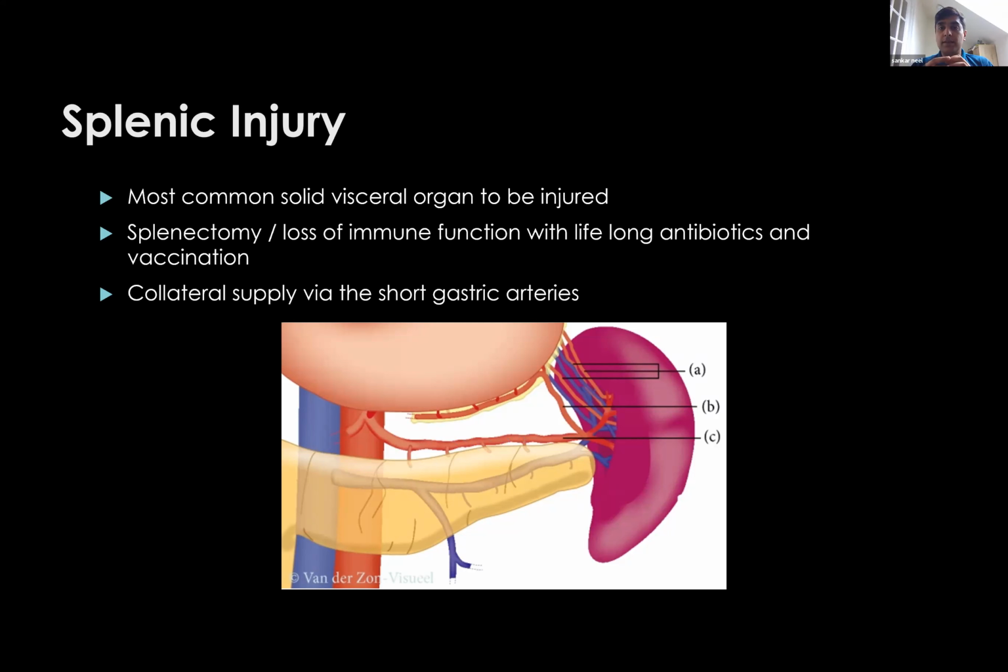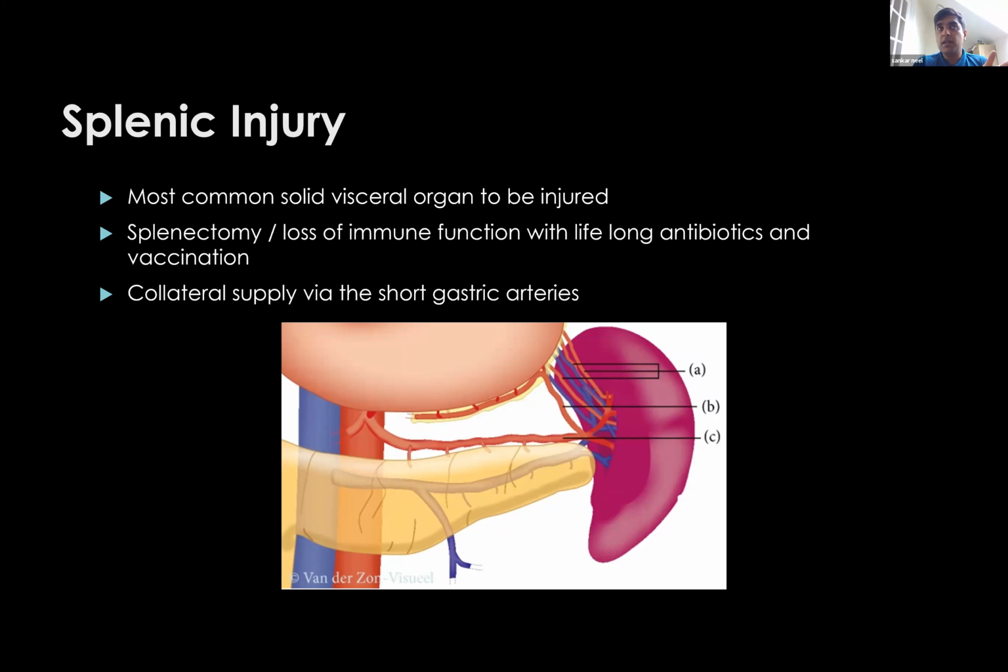In our experience, the patients that have presented to us have been in so much hypovolemia that even if you do a proximal embolization, the spleen does not receive blood at all, and we do get complete ischemia. But the principle is that if you embolize proximally, the collaterals redistribute and fill up the splenic parenchyma with blood, and you don't lose spleen, you only depressurize it so it stops bleeding.